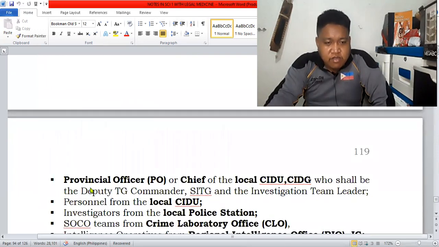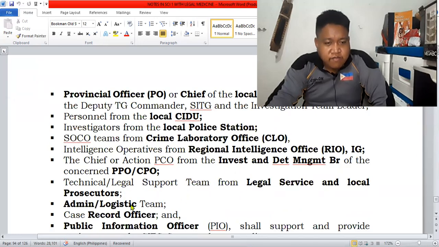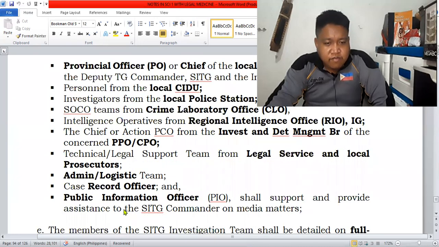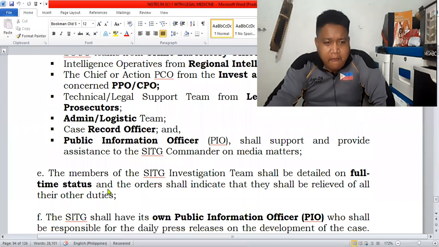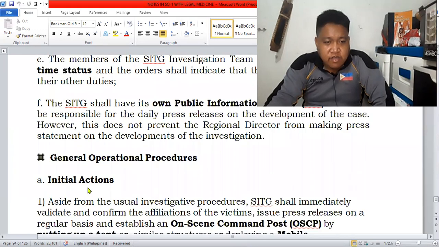Other members include the provincial officer and the Investigation and Detective Management Bureau of the concerned PPO. The members of the SITG team shall be detailed on full-time status. The SITG shall have its own public information officer.